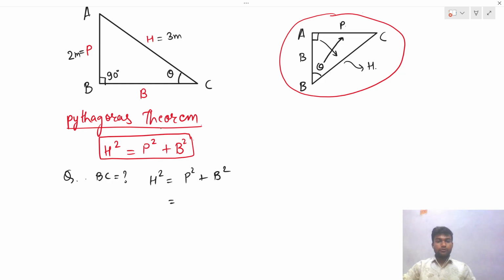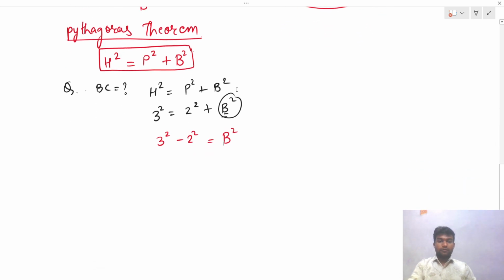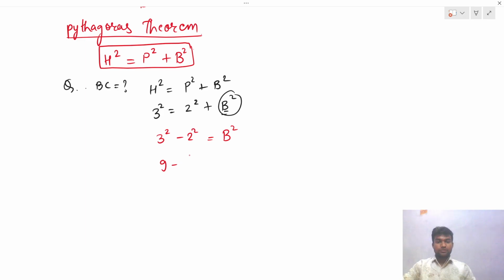Putting in the values: 3 square, since the hypotenuse is 3 meter, equals 2 square plus base square. So base square equals 3 square minus 2 square. 3 square is 9, 2 square is 4, so 9 minus 4 is 5, and base is the square root of 5. So the base BC is root 5 meter.